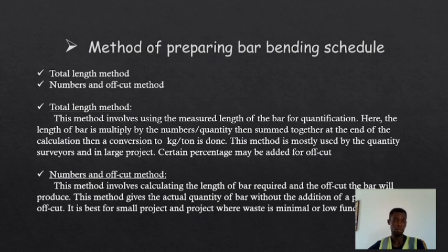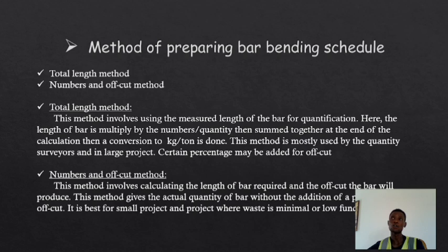It's going to delay the job probably by 2 or 3 days, depending on the quantity of reinforcement. So I developed this method so it will be easier for work on site. When you use this, it's going to give you the number and off cut. I'm going to do an example on it, and it is going to be very easy.